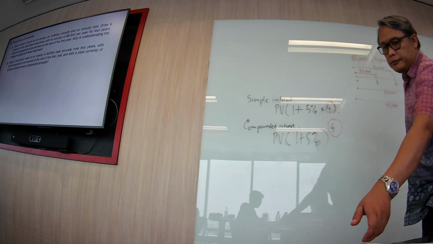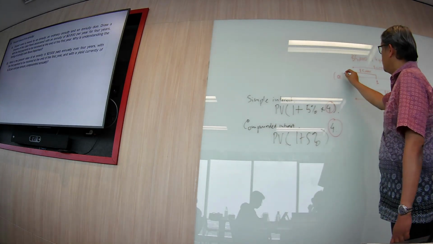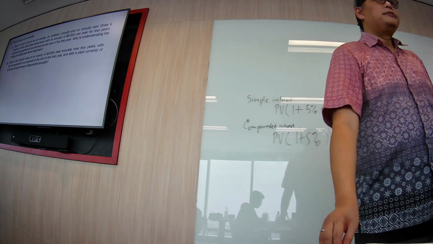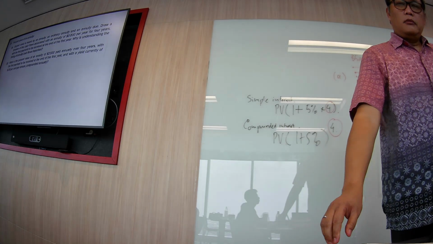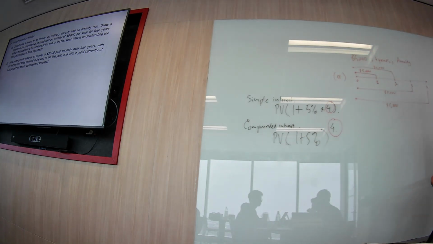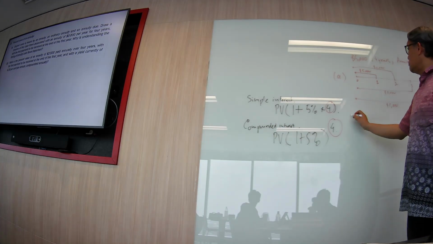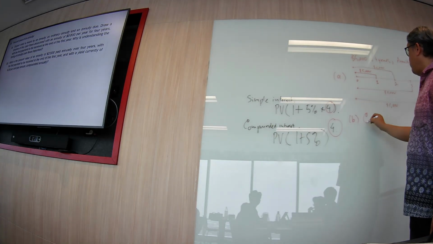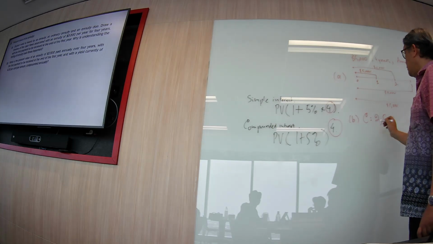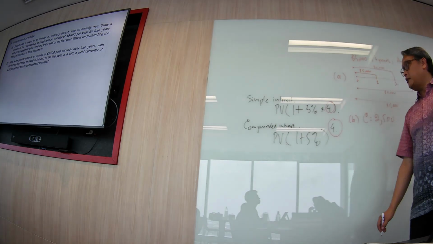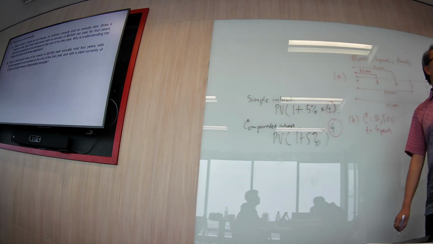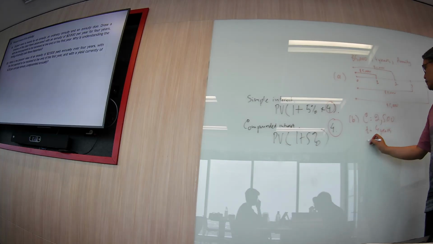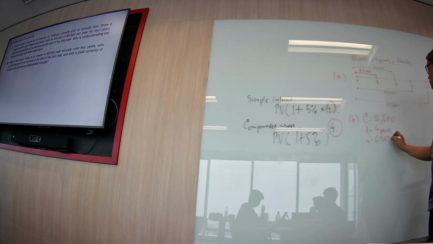This is A. Then for B we have 2,500. And the period is 4 years. Interest is 6 point.